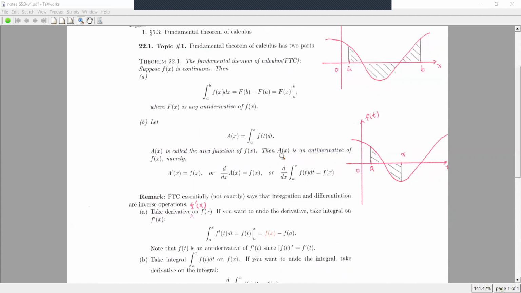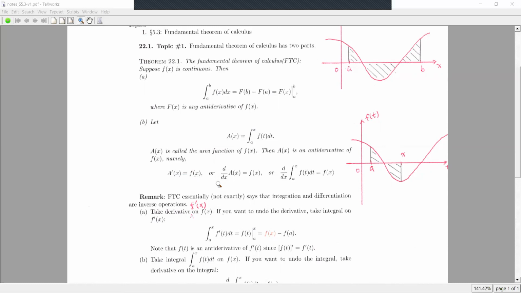A of x is a function of x. It turns out that part B says that this function is an antiderivative of function f. That is, derivative of A is f.